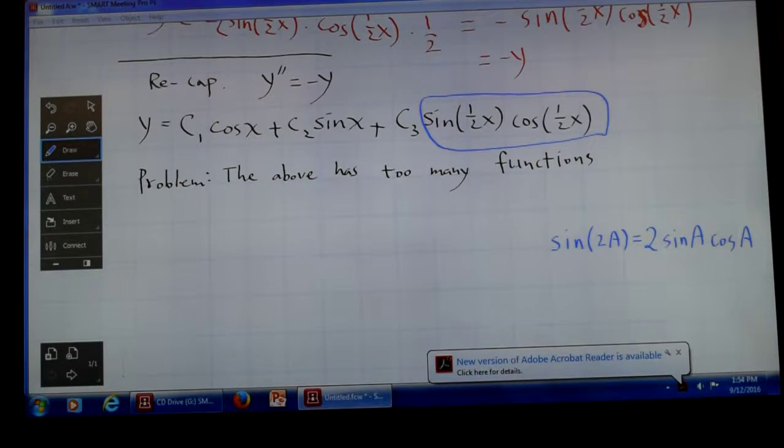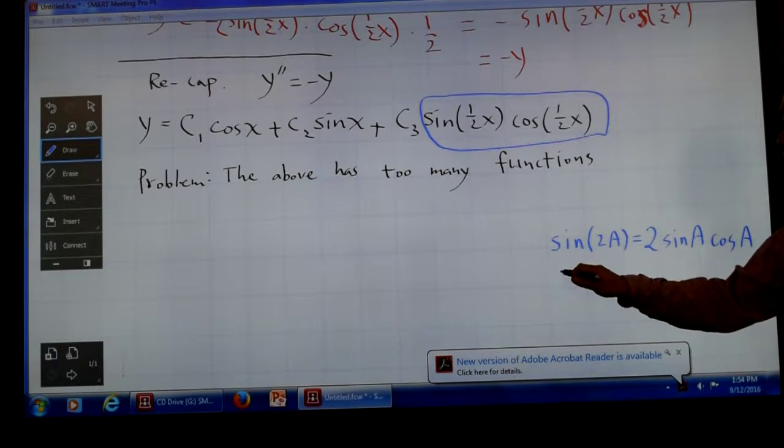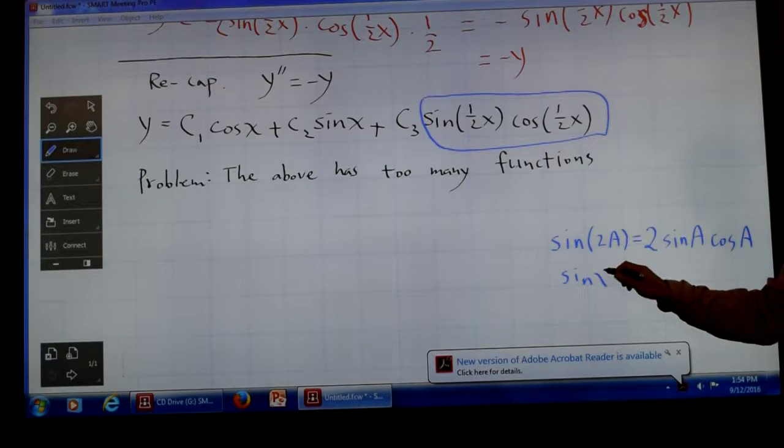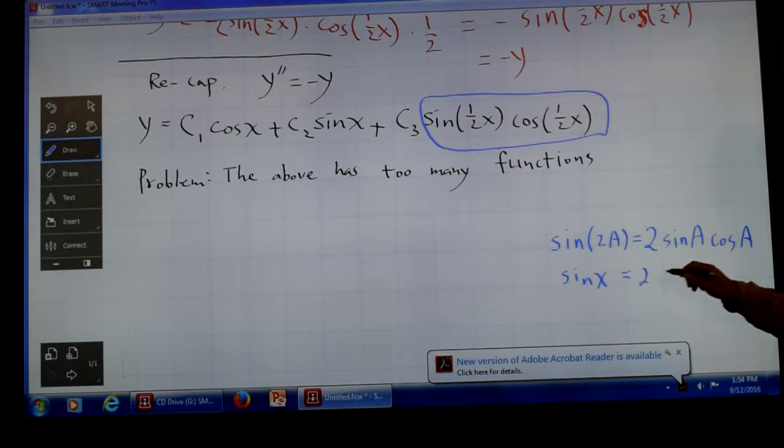All right. So, for example, sine of x will be, according to this formula, twice of what? Sine 1/2 x cosine 1/2 x. So if you set a to be 1/2 x, then we know that sine x is twice of this.